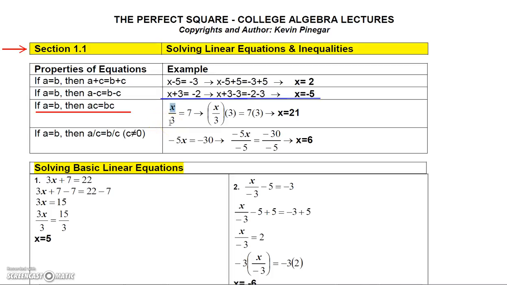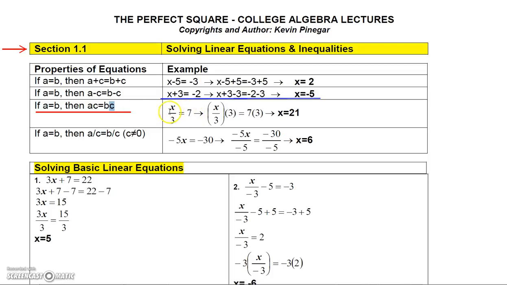So basically to cancel out the 3 in the denominator, I need to multiply this whole expression by 3. And this tells me that if a equals b, then a times c equals b times c. And that's true except for 0. If c is 0, then you can't just multiply both sides by 0 to get rid of the equations.